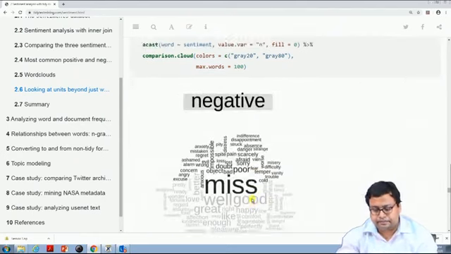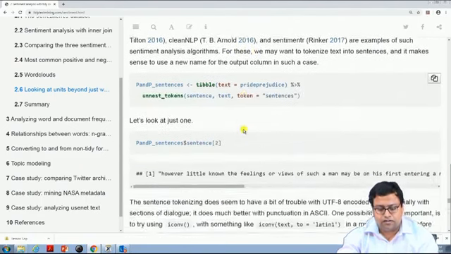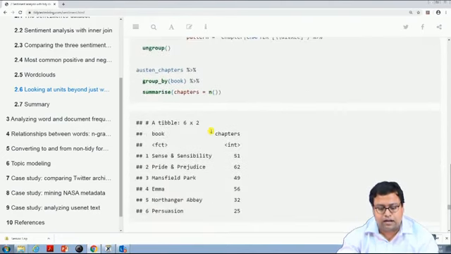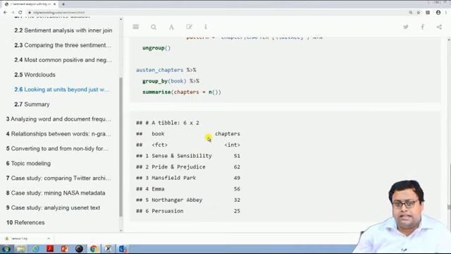Then we look at units beyond just words. Instead of words, they are thinking about how to take more. Let us say good is positive, but if I say not good, that is actually negative, so it might give an absolutely opposite sentiment.